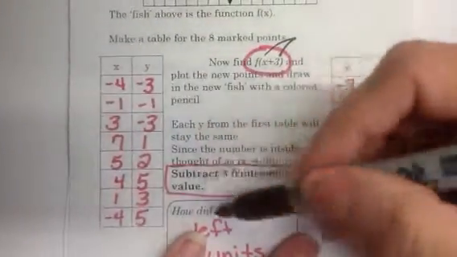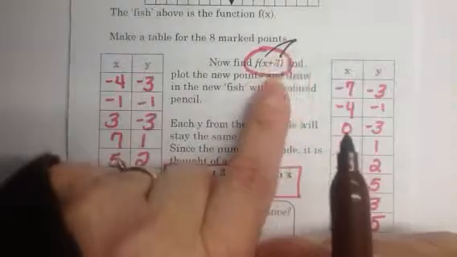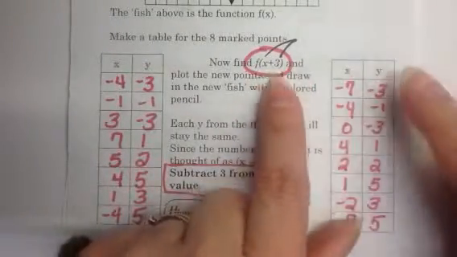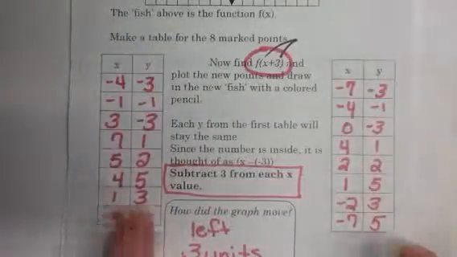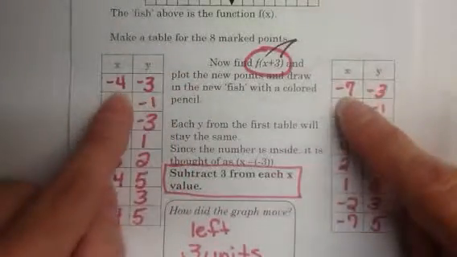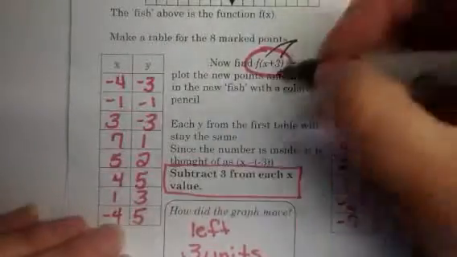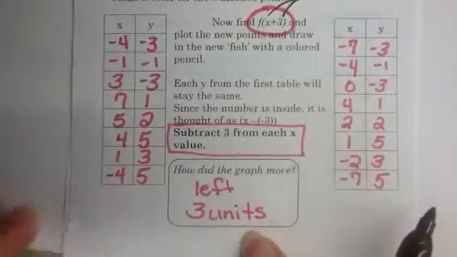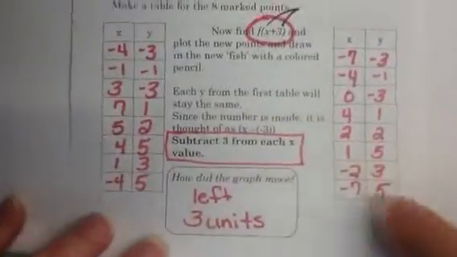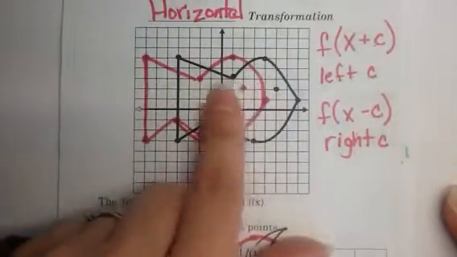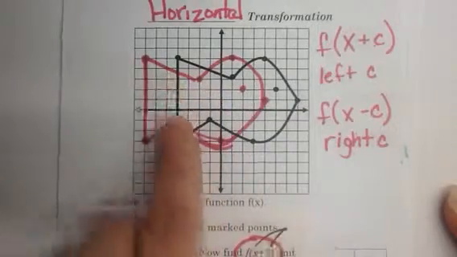But basically what you're going to do is subtract 3 from each x. So you take the x and we do the opposite of what it's saying. When it's inside, we're going to do the opposite. So if you notice here, all of our y's stayed the same, but the x's, we're subtracting 3 from each one. So once you see that this means you're moving left 3 units, you can make the table if that's what you're more comfortable with, or you could just take each point and move it left 3 units.